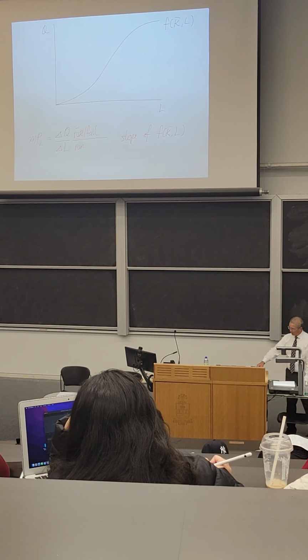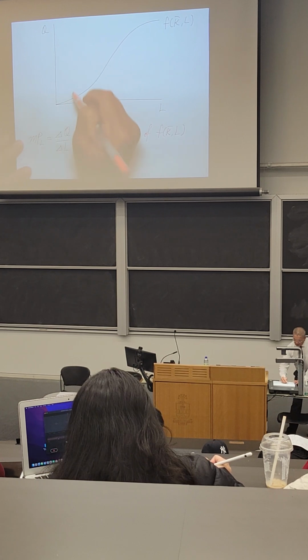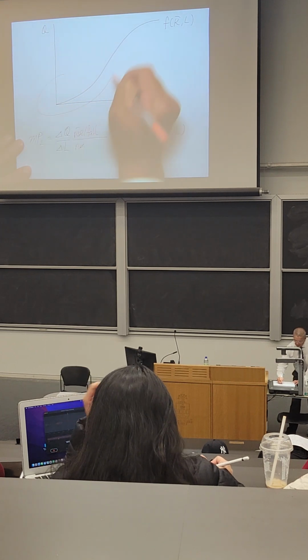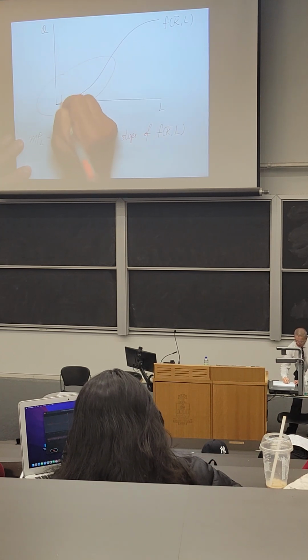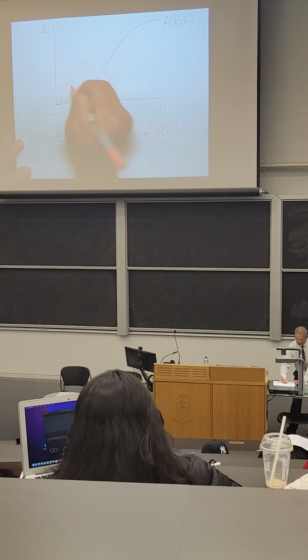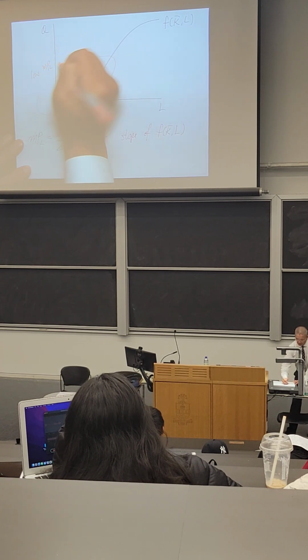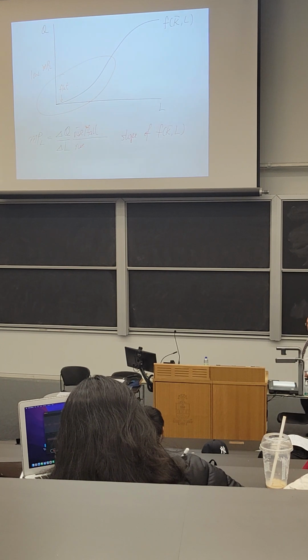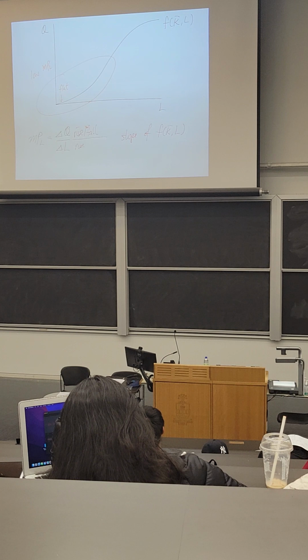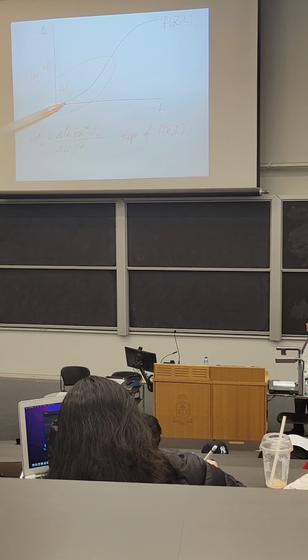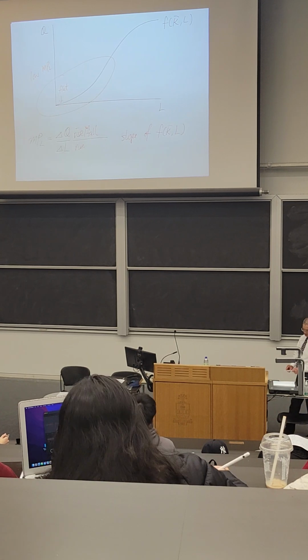So now, look at this part. Start off flat. That means low marginal product of labor. Flat means small value for the slope. The slope is the marginal product of labor. So start from the beginning. Because of the flat slope, the marginal product of labor is low.